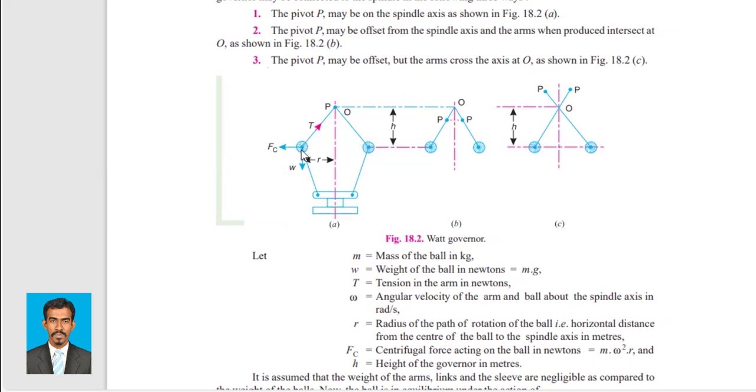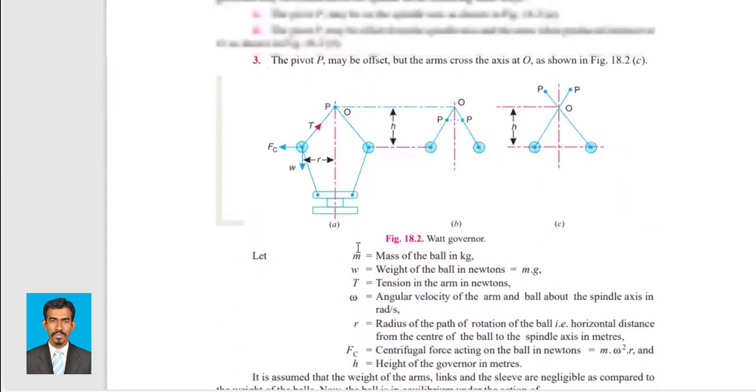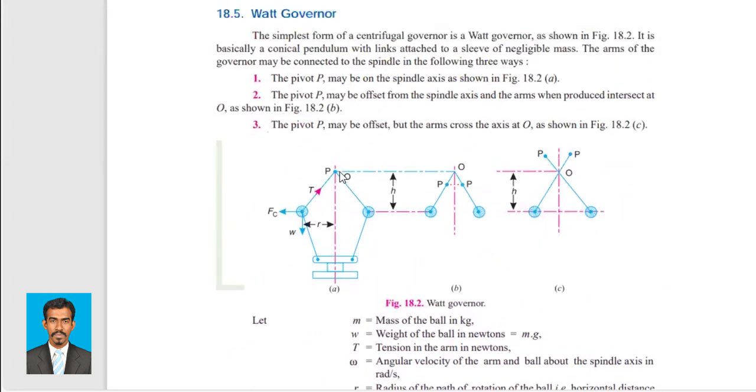So what we will be left with is FC and W. There will be only two forces. So taking moments about point O, we have FC into H. In the clockwise direction, we have FC into the distance between O and FC, which is H. So this distance is H, as you can see here.